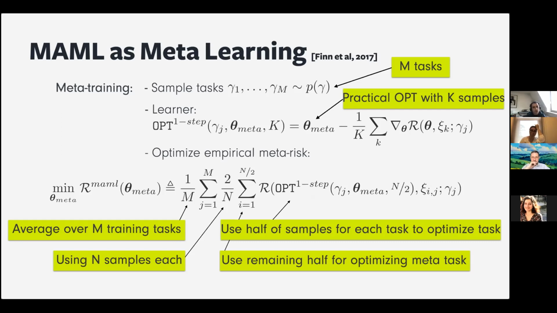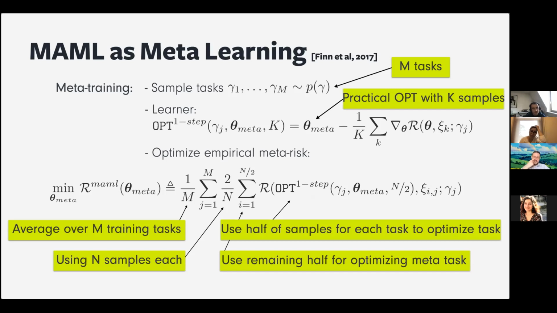And then your learner is a practical optimizer with k steps, actually specifically a single gradient step. What you want to optimize is the empirical meta risk, which is the average over M tasks, for each task using N samples, such that I use half of the samples to update the learner, starting with the meta solution and finding the task solution, and the other half to actually optimize the meta risk.